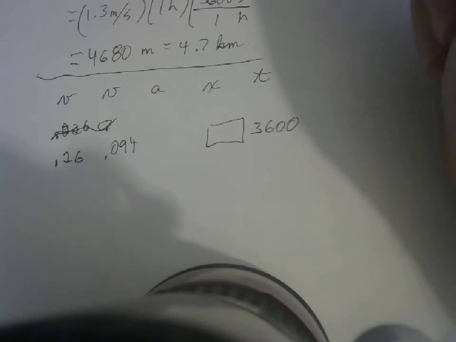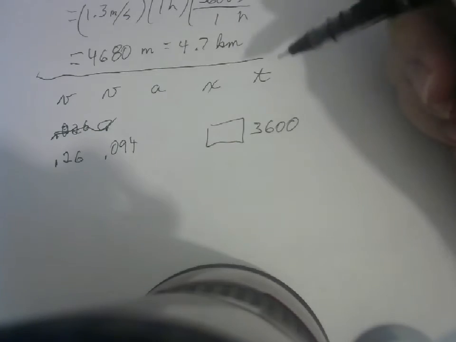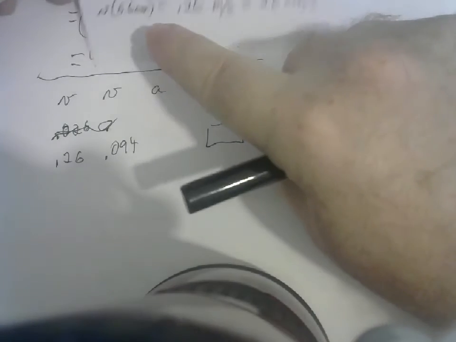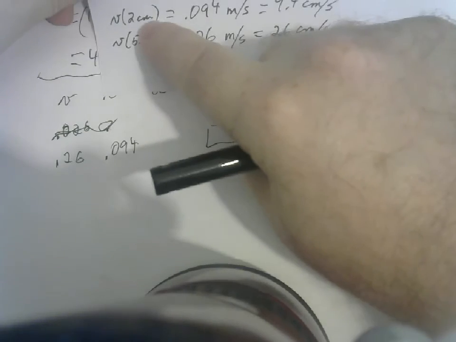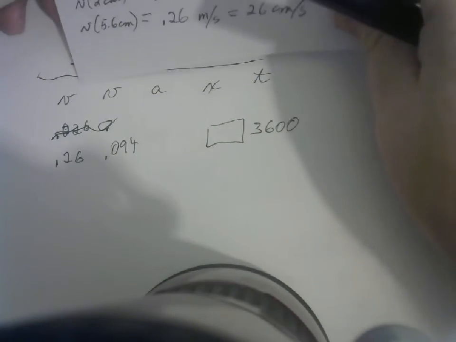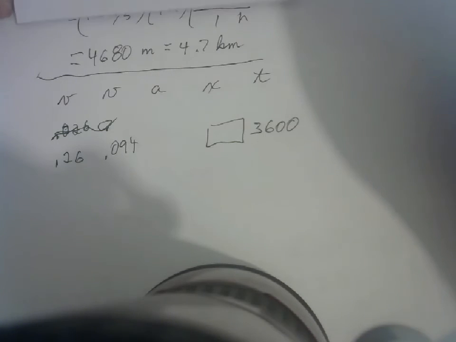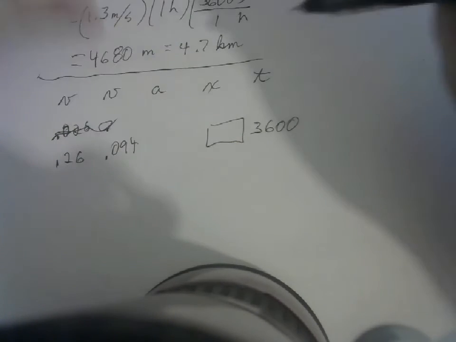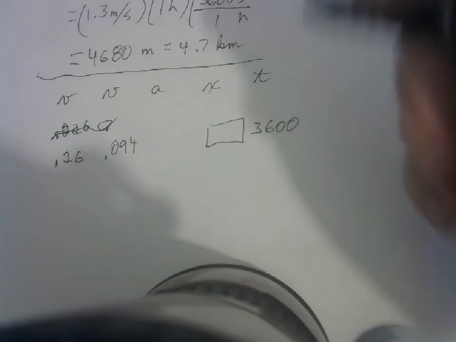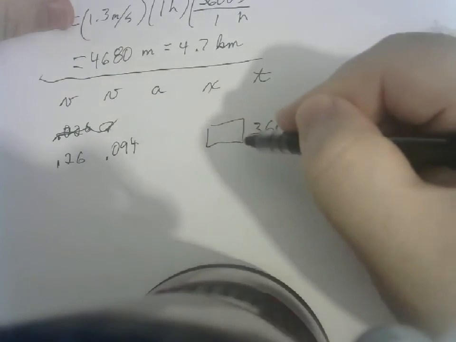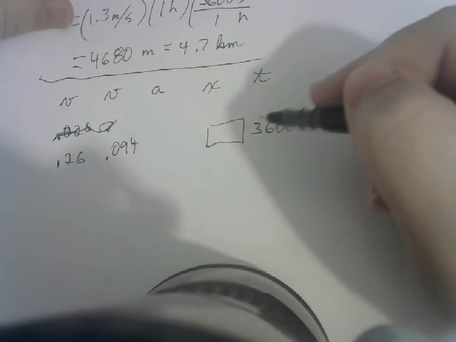If we were asked the same question about the record player, if it started out going from 5.6 centimeters to 2 centimeters or vice versa, and it took an hour to go in that circle, what would the situation be then? We could convert those to linear distances and think in terms of the VVXT equation.